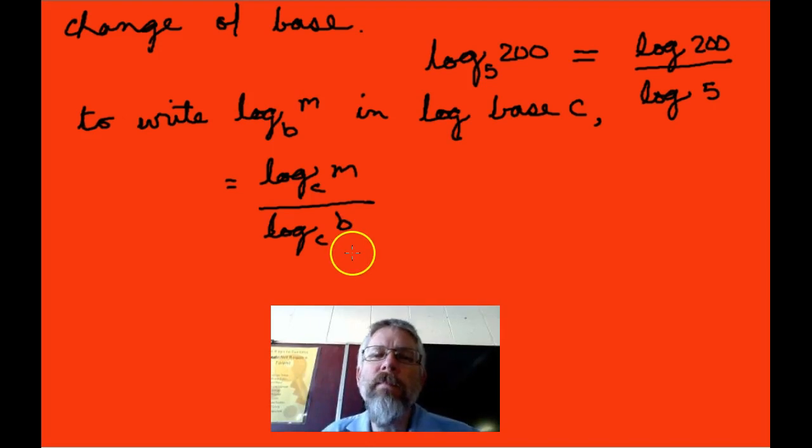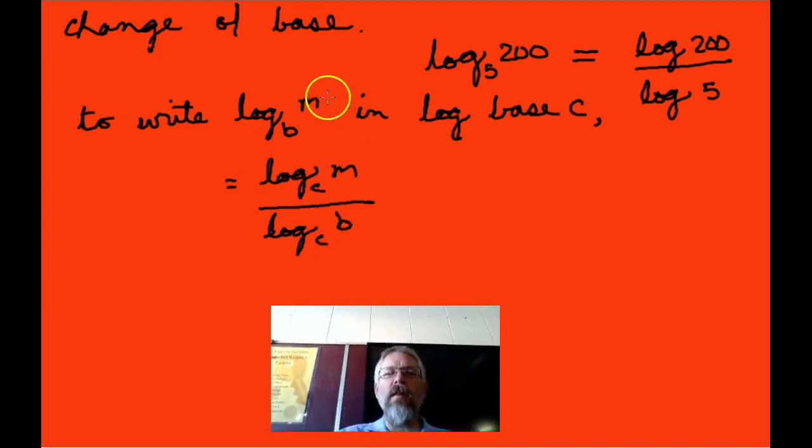Okay. So basically you take the log of the number divided by the log of the base.